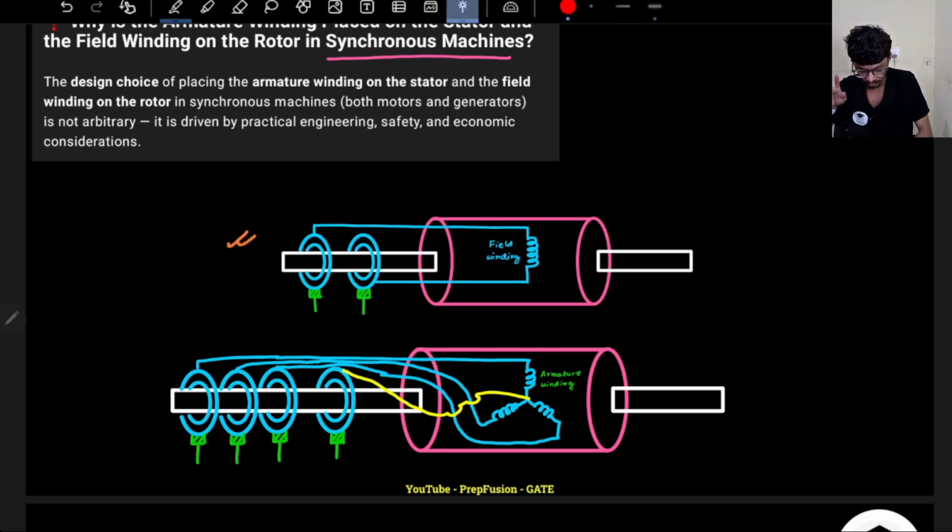Because here, first of all, you observe that the number of slip rings required is lower. Because you have a rotating component here, you will need brushes, slip rings, all those things.